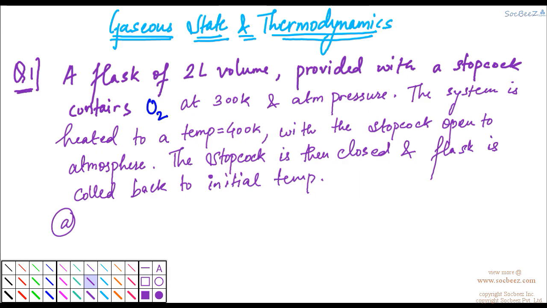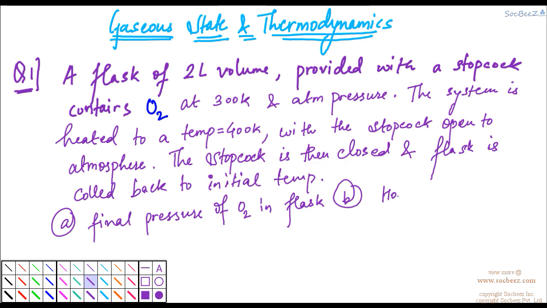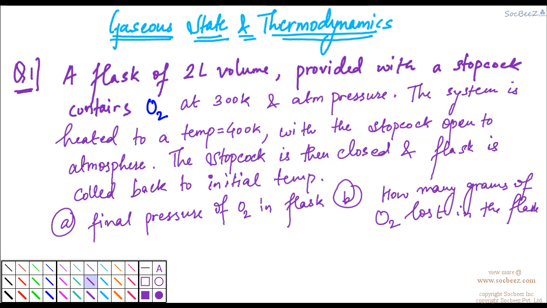Now you have to answer the final pressure of O2 in the flask, and the second is how many grams of O2 are lost from the flask. How much of the O2 is lost in this process?